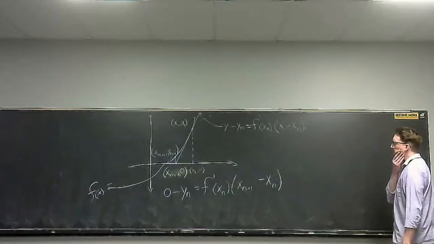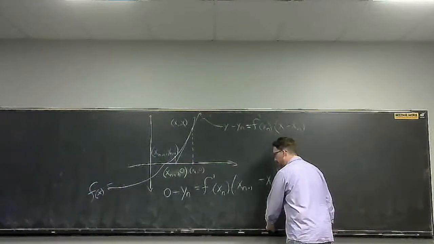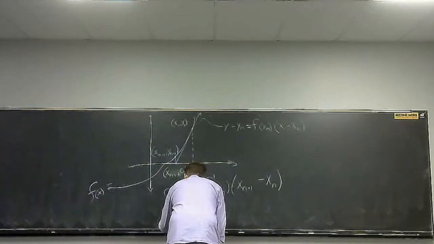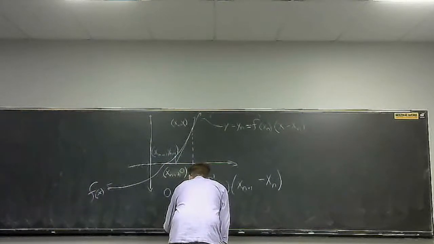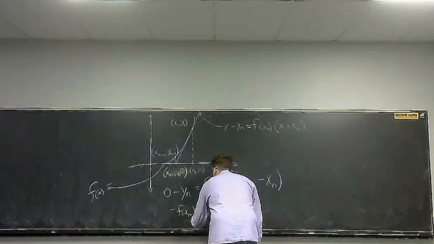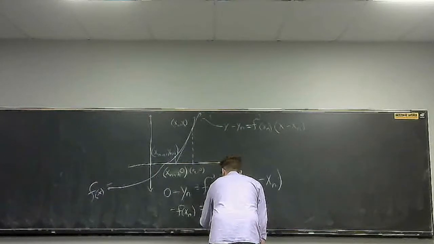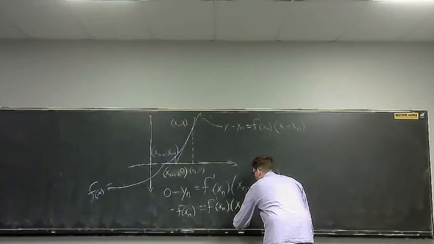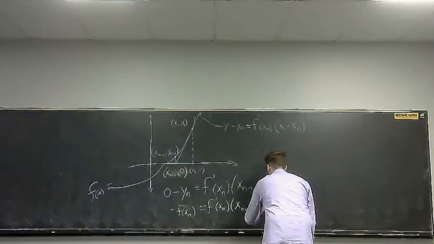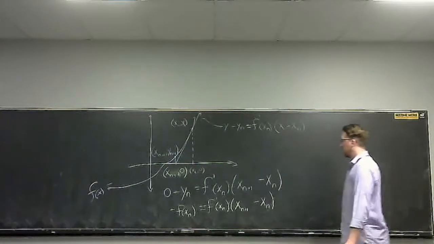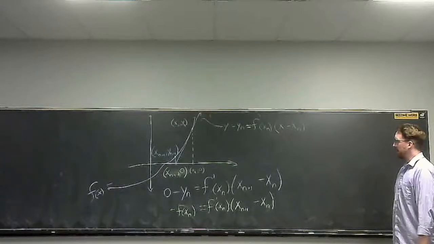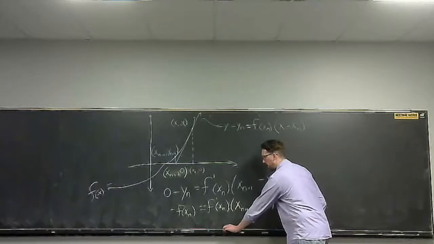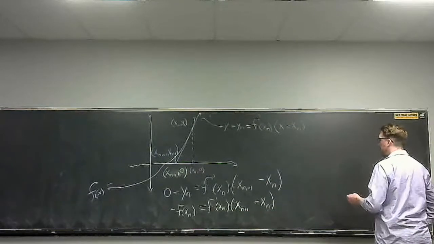So we look at it for a little while, and we say, you know what? We can move some other things around. We can rewrite this yn as f at xn, that's negative, is equal to f prime xn times the difference xn plus 1 minus xn. Okay, well, we could now divide out this f prime of xn.